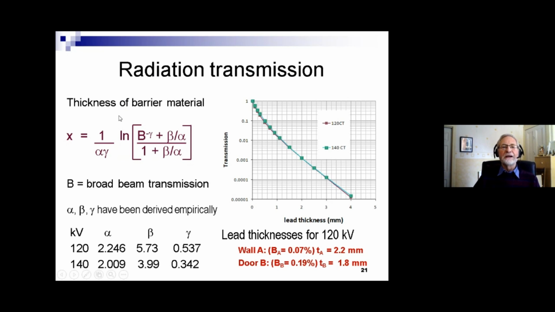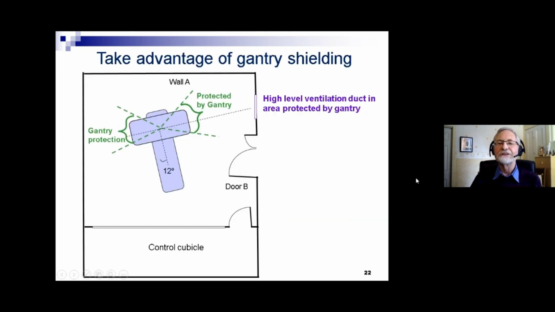So using the equations that Dave showed you, we have coefficients here for lead for 120 and 140 kV, and the values for 120 kV for the transmission we want are 2.2 millimeters of lead for the wall and 1.8 millimeters for the door. So this shows the form of the curve of transmission against thickness that Dave showed earlier.